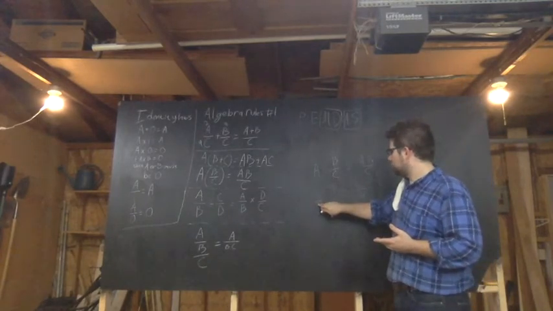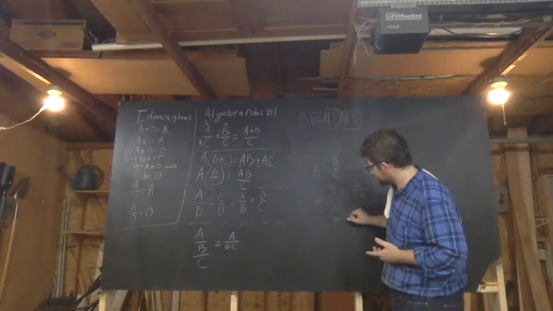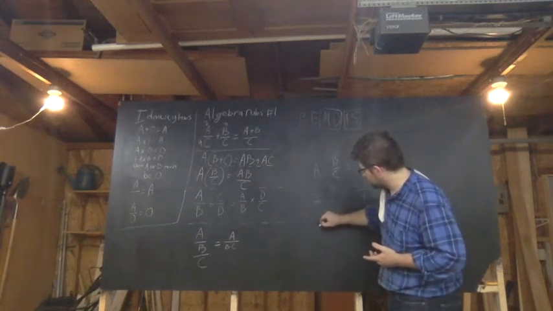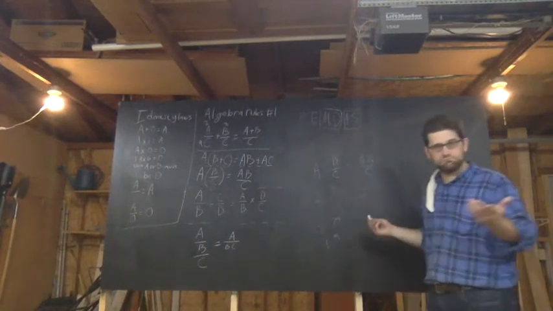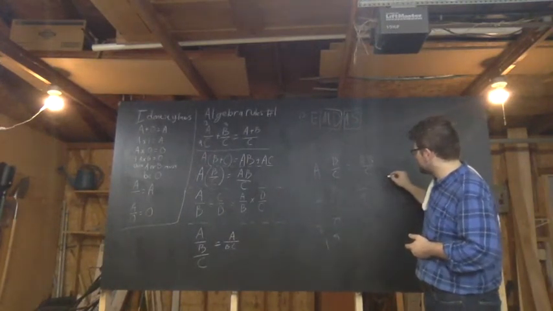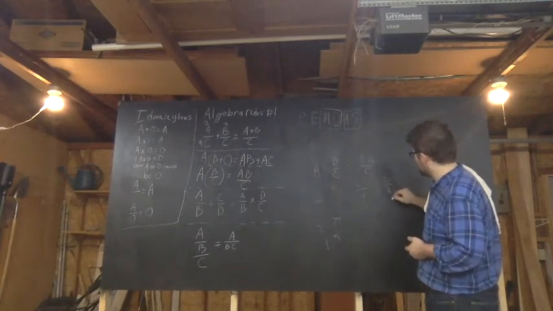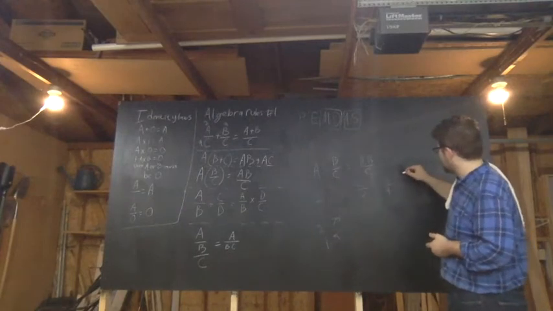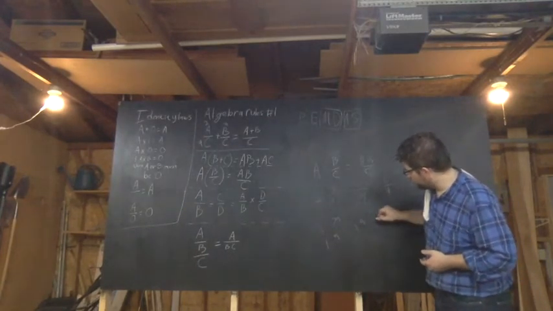So 3 over 4, that's 0.75, times 2, that would be 1.5. Simple enough. 2 times 3 is 6, over 4. And if I simplify that, then I've got 3 over 2, which is the same thing as 1.5.